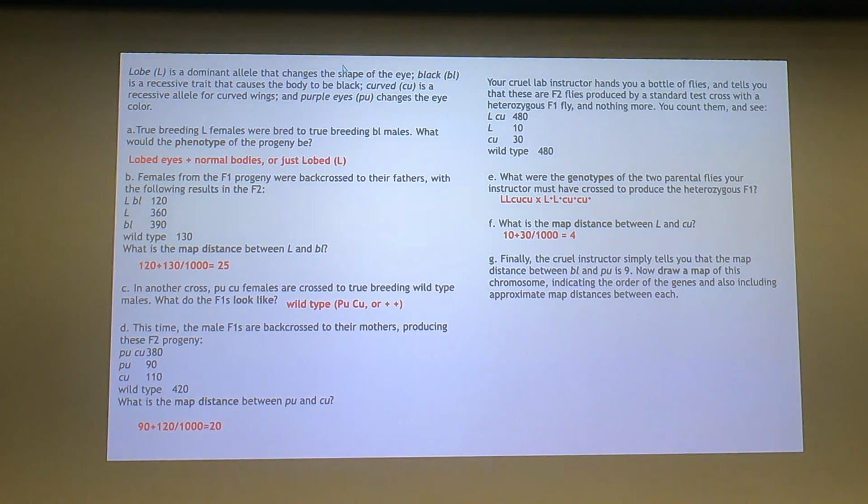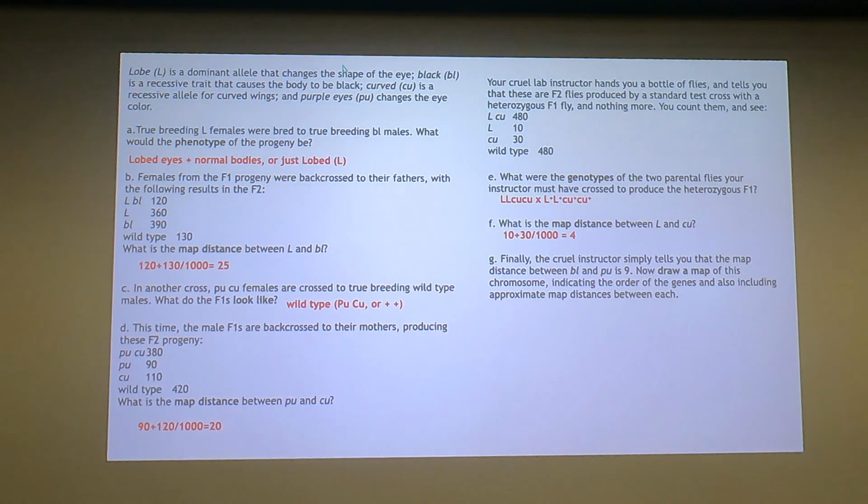Okay, so we've got 3 combinations, right? We got lobed to BL is 25, and we got PU to CU is 20, and we got lobed to CU is 4. We're almost there, right?